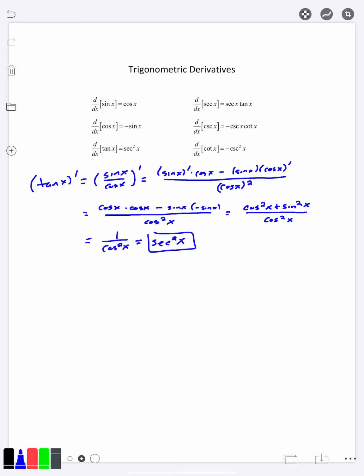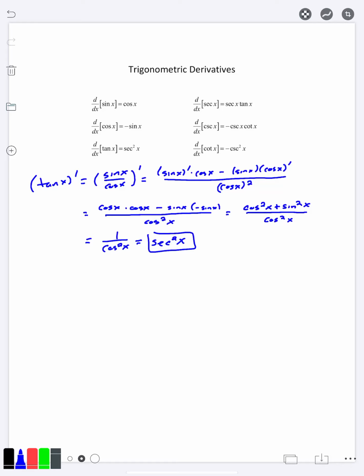This process would work to find the derivative of secant, the derivative of cosecant, the derivative of cotangent. However, this would not work for sine or cosine. Those are the more basic ones, and we need a special limit trick to work those out, which we will see in a different video. So I'll leave those for now. However, we can use this to find other complicated derivatives.